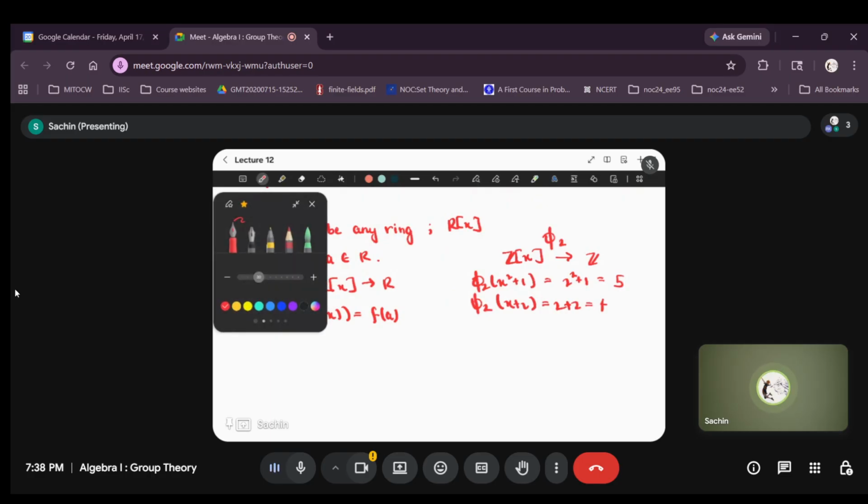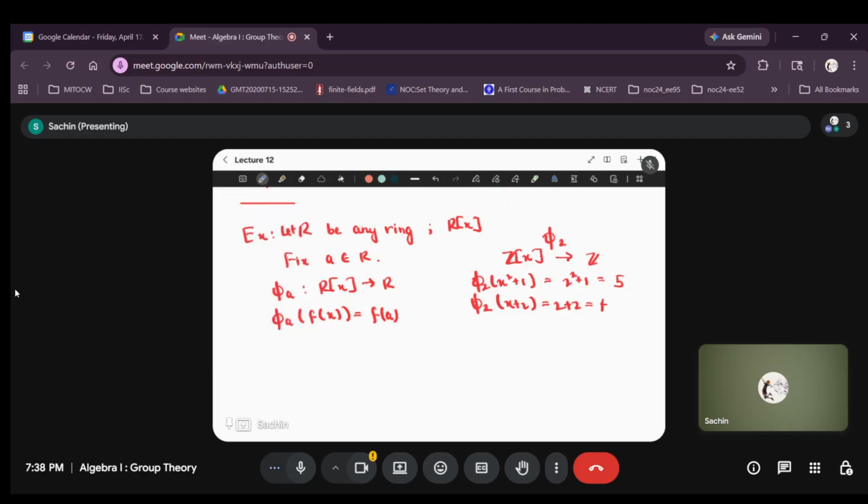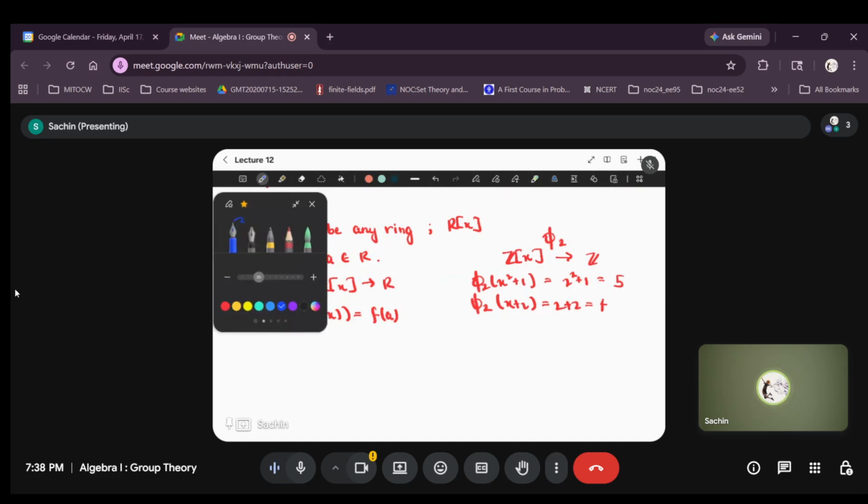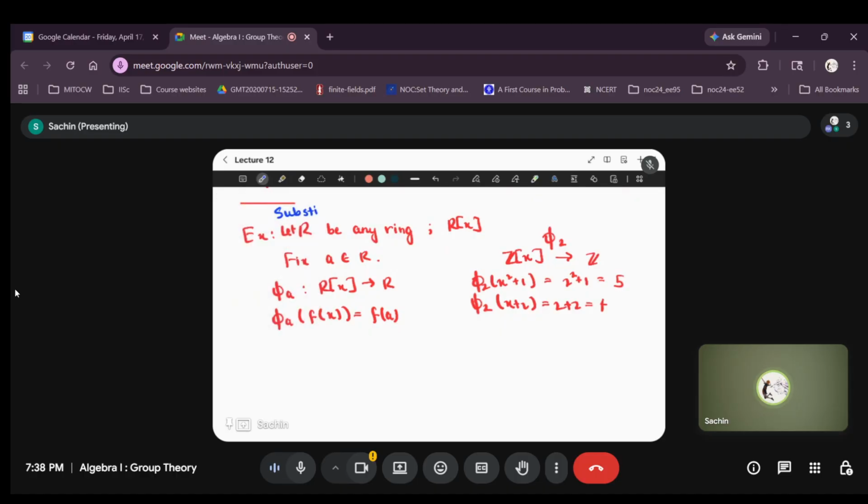So this is called the substitution homomorphism. You take one value in R and substitute that into every polynomial in R[x]. The image of a polynomial is simply the value you get when you substitute that element of R in place of x.